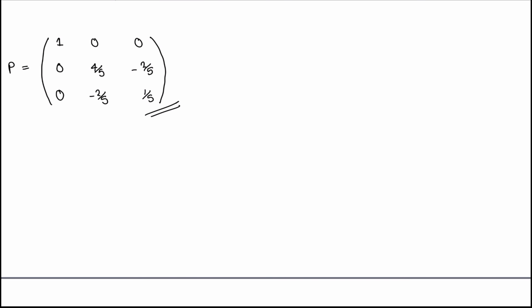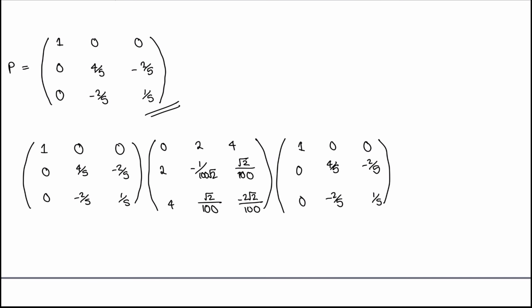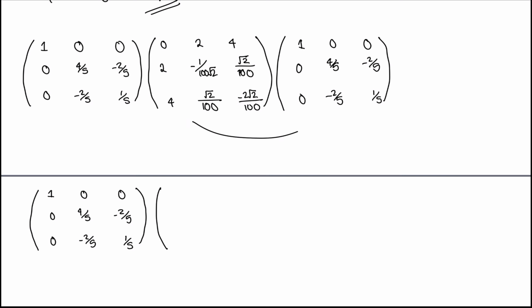Now, if we sandwich this matrix between the Hessian, we get this. If we now multiply these two matrices together, we get 0, 0, 0, and then 2 when we do that, and then 4 over here when we do that. Then we should do this row multiplied by this column, and we get minus 0.0113.